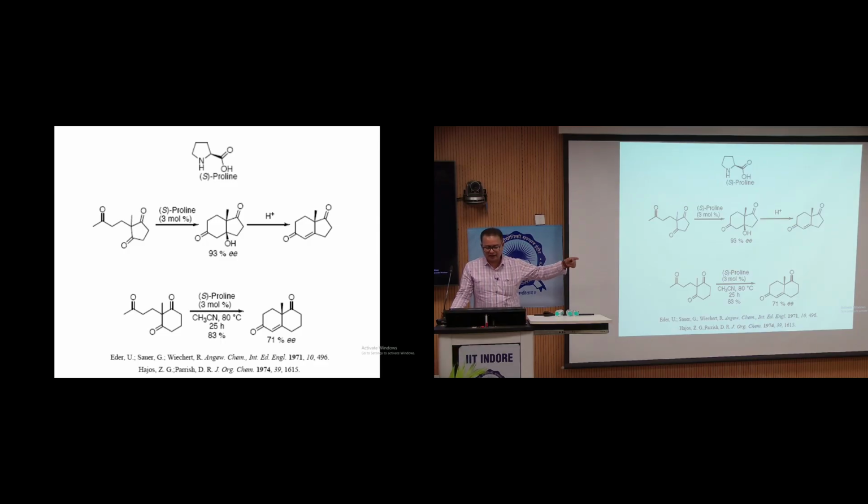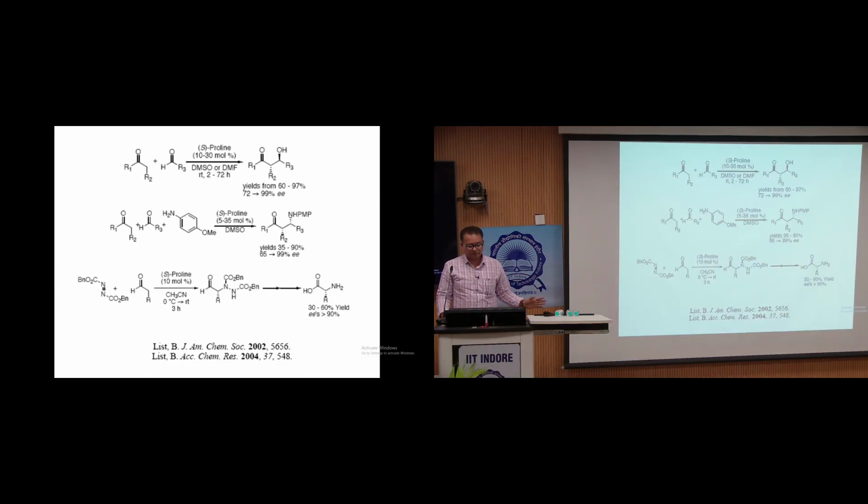It's a proline catalyzed 6-exo cyclization generating the cyclic diketone, with 93% enantioselectivity, and they use similar conditions where they show 71% enantioselectivity. This was the starting point, where they say this is nothing but enamine catalysis, catalyzed by proline at 3 mole percent.